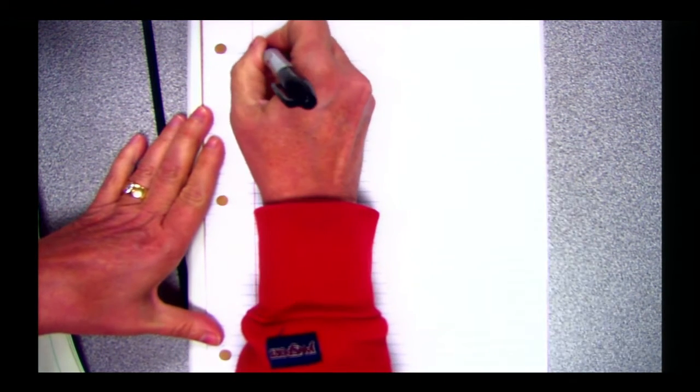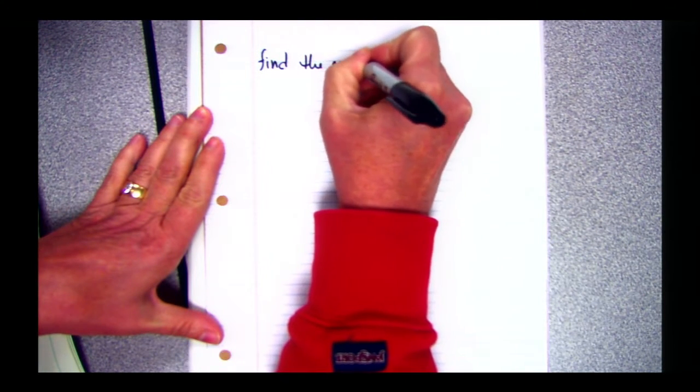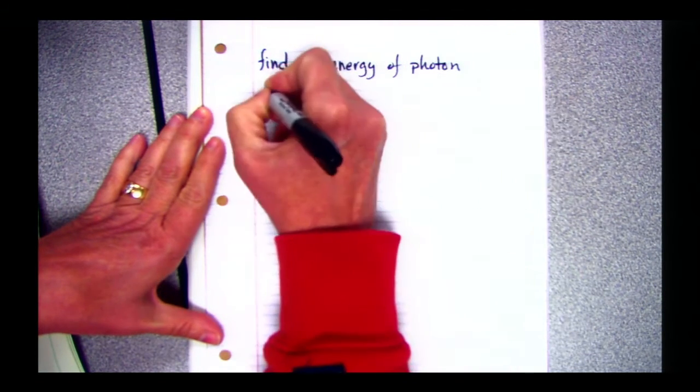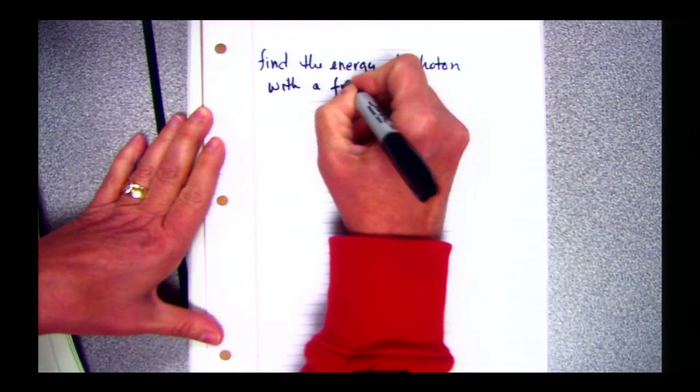So some of the reasons why I get surprised from the medical side and from some of the medical programs, why we don't do a whole lot more with Physics 2, is because we get things like this. So what we're going to do is find the energy of a photon with a frequency of 6.3 times 10 to the 16 hertz.